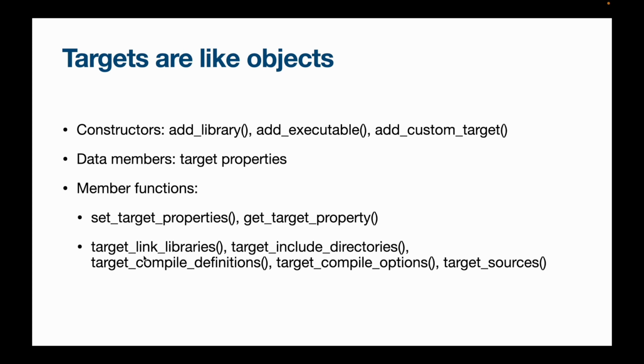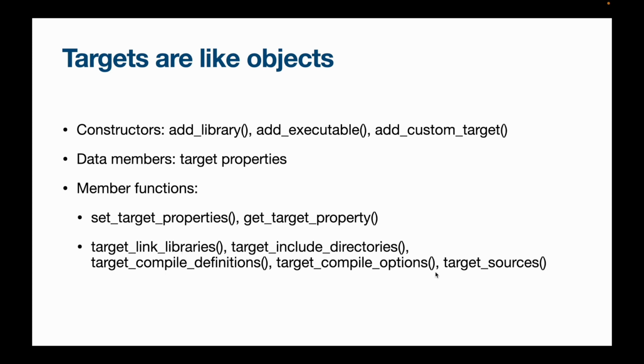And then we have these commands here, which all manipulate various properties of the target, but they are slightly higher level. They allow you to be a bit more expressive with your intent by saying target link libraries, include directories, or compile definitions, compile options, or you can add source files to a target.